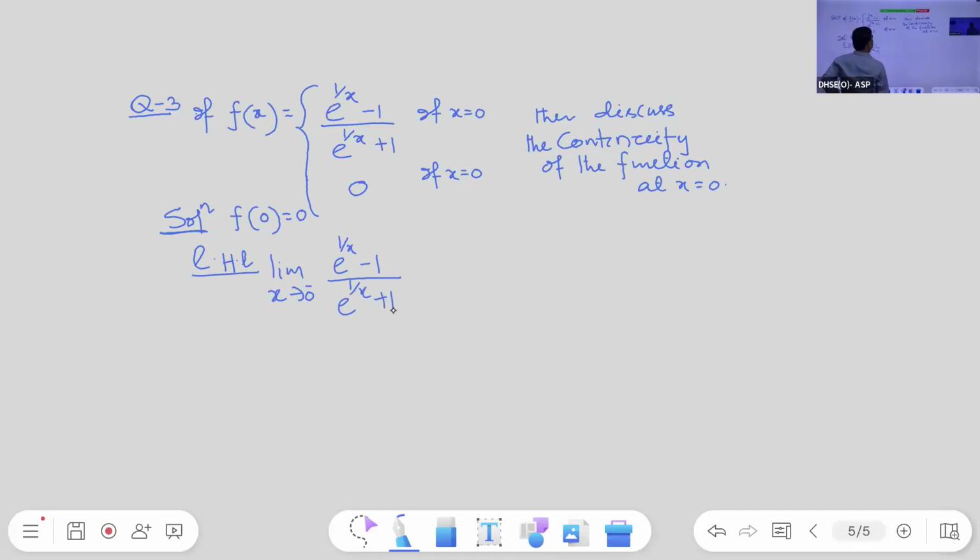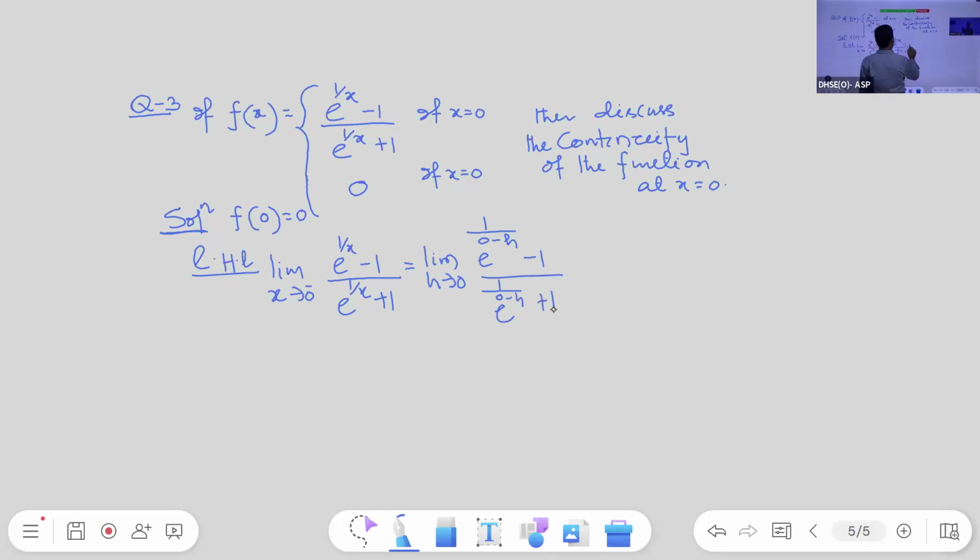If you don't know how to calculate the left hand limit and right hand limit of a function, then it will be very difficult for you to understand. Already I have discussed this when I was taking the class of limits. So this is equal to limit h tending to 0 of e raised to the power 1 upon 0 minus h minus 1 upon e raised to the power 1 upon 0 minus h plus 1.